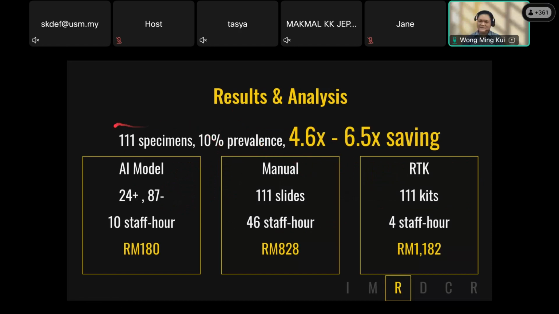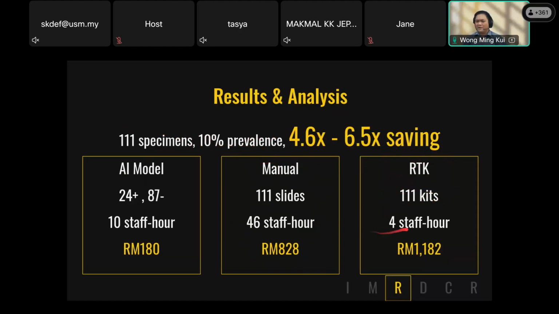So let's assume that we have 111 specimens with 10% prevalence, meaning that 10% of these specimens are positive. Assuming we are doing it manually, 111 slides will take 46 staff hours, and it will cost us 828 ringgit. If we choose to use RTK instead, we screen all the 111 tests using RTK, so we'll use 111 kits.